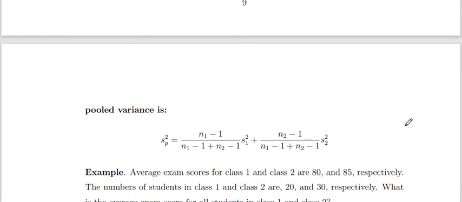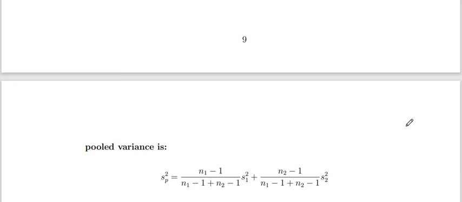Now we can define the pooled variance as the weighted average of those two variances, S1 square and S2 square. Weighted on what? Weighted on their degrees of freedom.